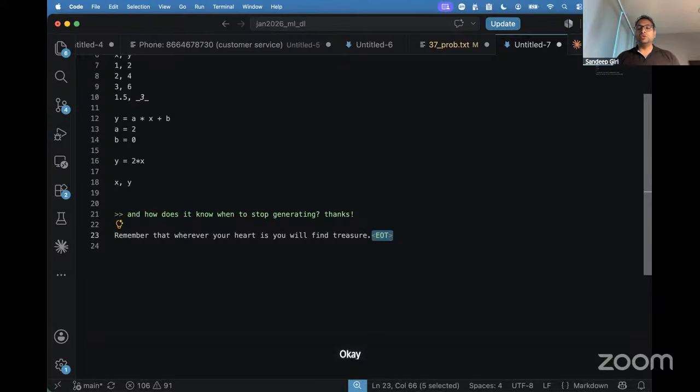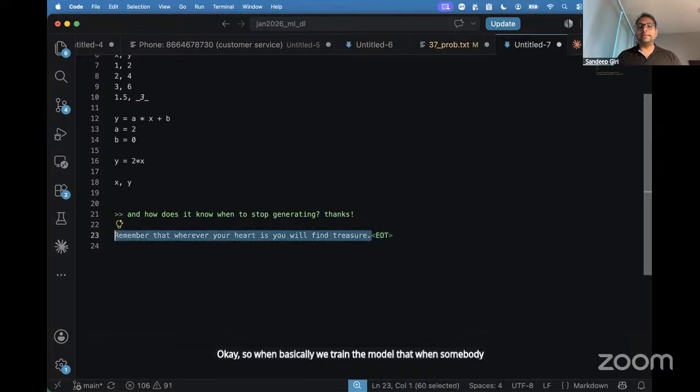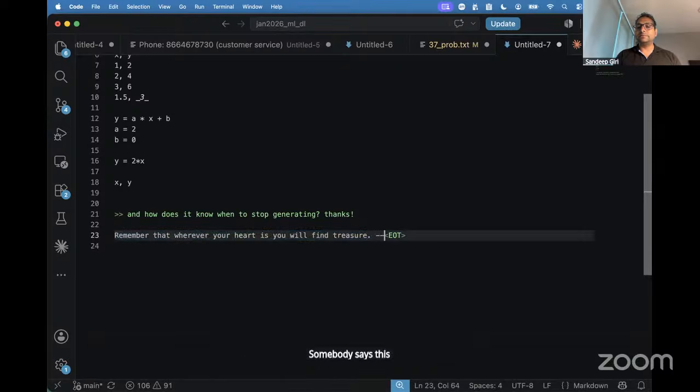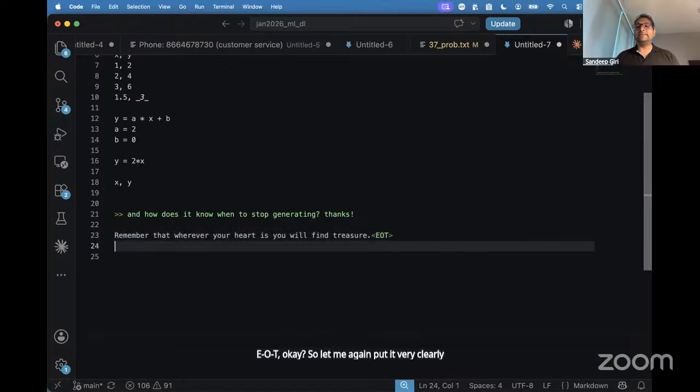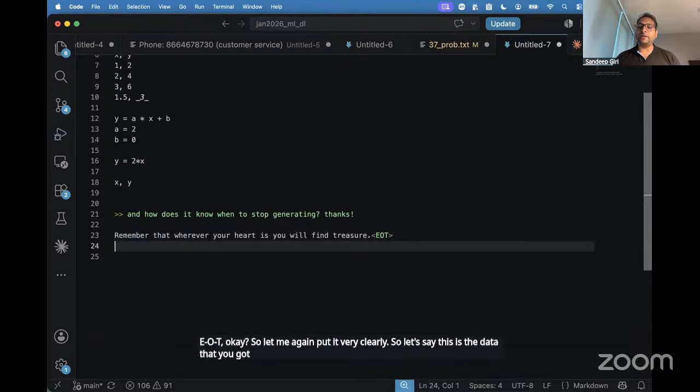When we train the model, when somebody feeds this sentence, the model should say end of text, EOT. Let me put it very clearly. Let's say this is the data that LLM companies got from the internet.